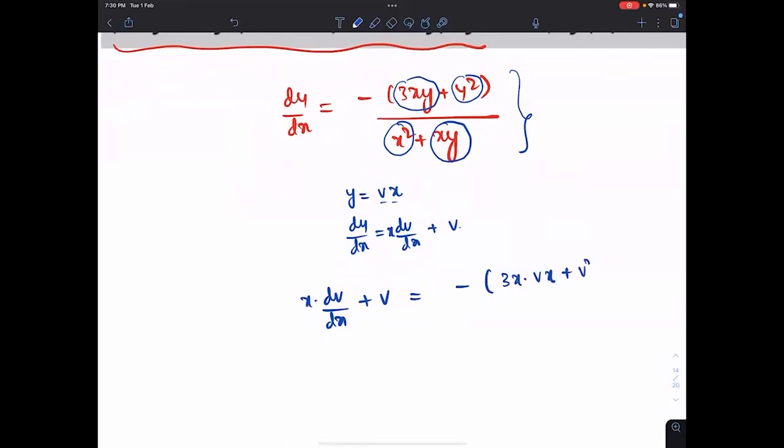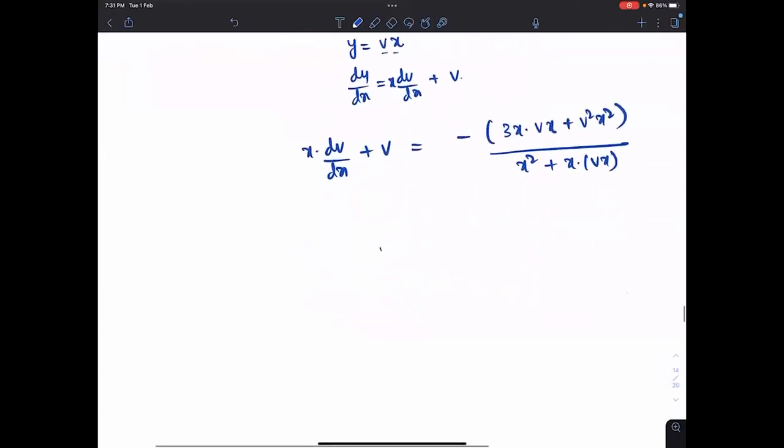And y square is v square x square, divided by x square is x square only. x into y is vx. You will write like this. So finally you will get something like x into dv by dx plus v is equal to minus of (3v plus v square) by (1 plus v). This is what you are getting.